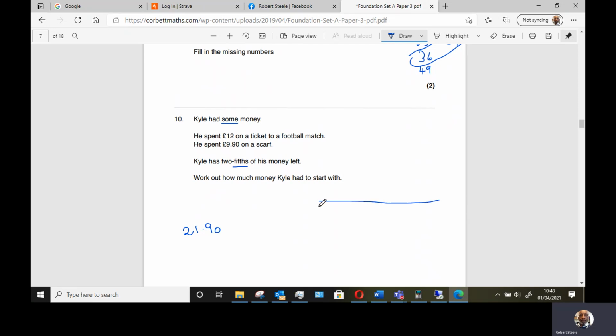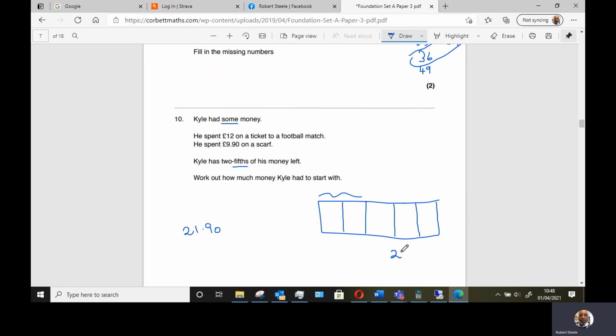So I would make a sketch, draw a block, split it into 5 parts. If he has 2/5 left, then 3/5 is what he has spent.